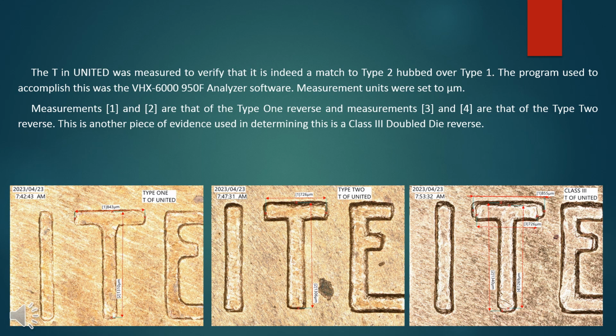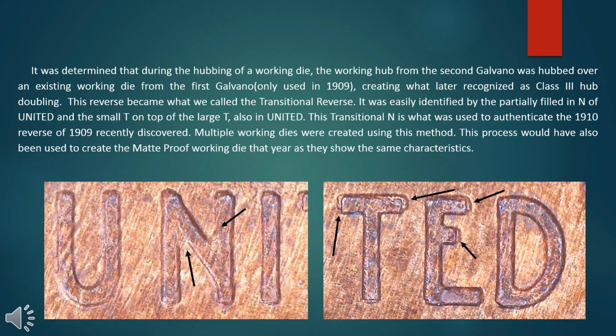The program used to accomplish this was the VHX 6000 950F analyzer software. Measurement units were set to nanometers. Measurement 1 and Measurement 2 are that of Type 1 reverse, and the measurements 3 and 4 are that of Type 2 reverse. This is another piece of evidence used in determining this is a Class 3 double die reverse.